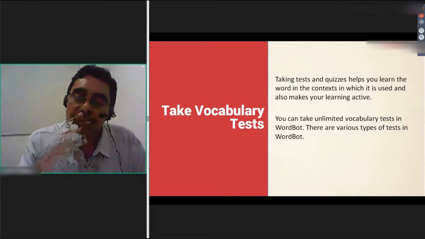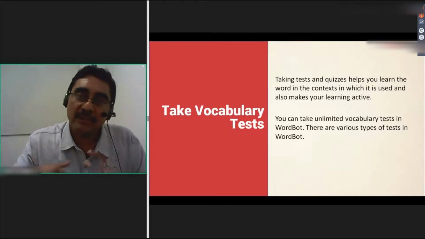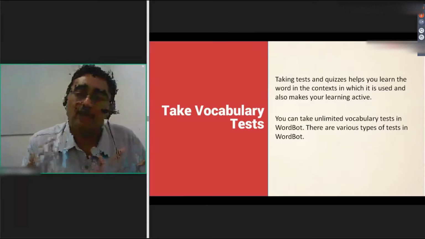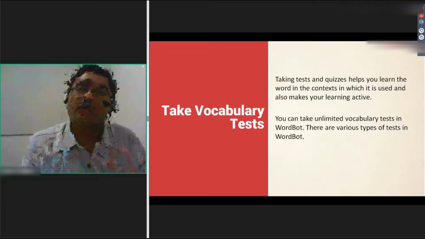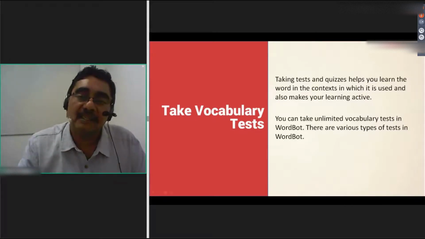And third, we have tests of synonyms, which tests whether you can differentiate words with near similar meanings. So whatever we talked about in this session about how to learn a word, we have tests in the WordBot which actually enable you to hone your knowledge of words in the manner it is needed for GRE.